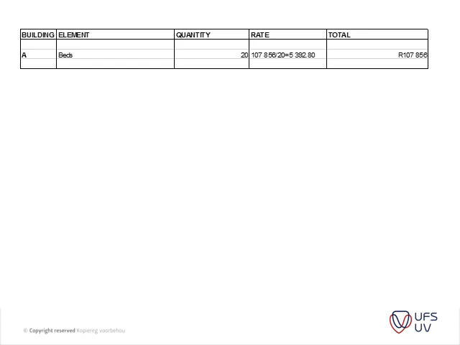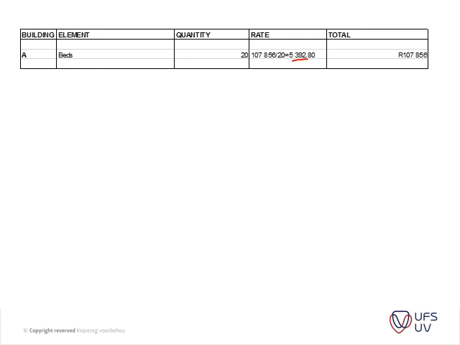Very simple, you just divide it by 20. So you've got a rate of 5,392 Rand 80 cents per bed. Whenever you're planning a new building for a backpacker, you will use this rate to calculate a very basic cost for the new building.